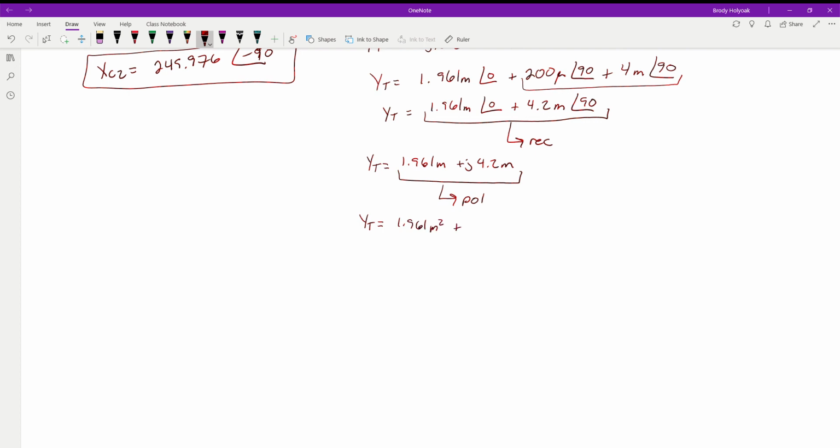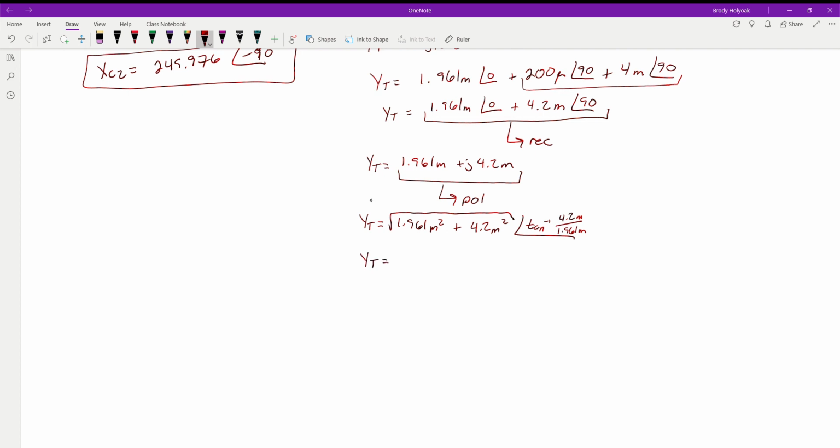We're going to take the 1.961 milli, square it, and add that to the 4.2 milli value squared. Take the square root of both sides. And then the angle is the arctangent of 4.2 milli over 1.961 milli.